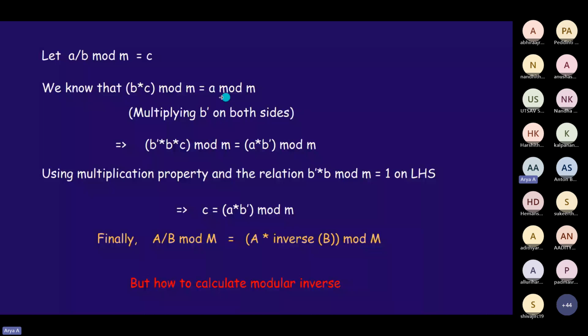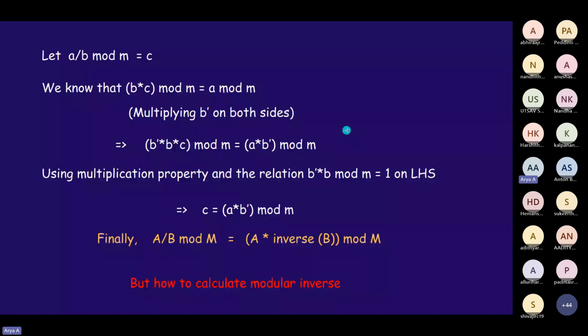You write it as B into C is equal to M cube plus A mod m, a similar kind of equation to the one on the first slide. If I say A mod m equal to B, I can write A as M cube plus B. You write a similar equation like that, then multiply B prime on both sides of that equation, and then take mod m on both sides. You will end up with this. If you try it out, you will get this.